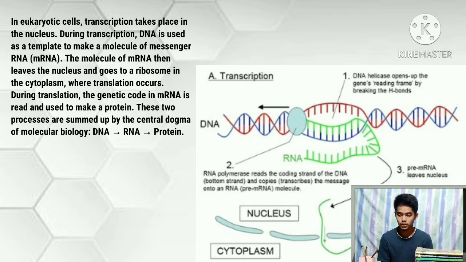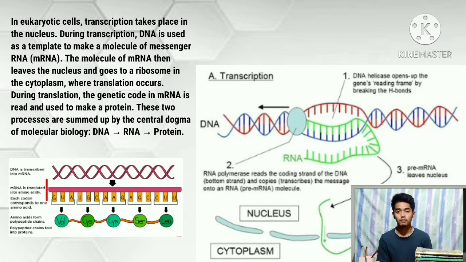The molecule of messenger RNA then leaves the nucleus and goes to ribosomes in the cytoplasm, where translation occurs. During translation, the genetic code in mRNA is read and used to make a protein.